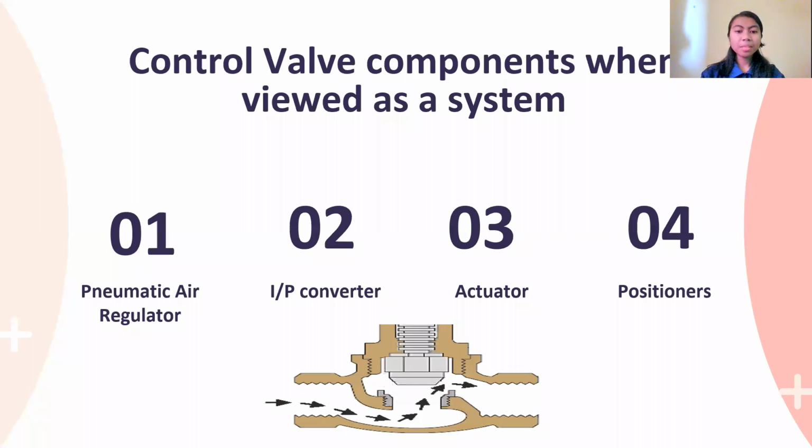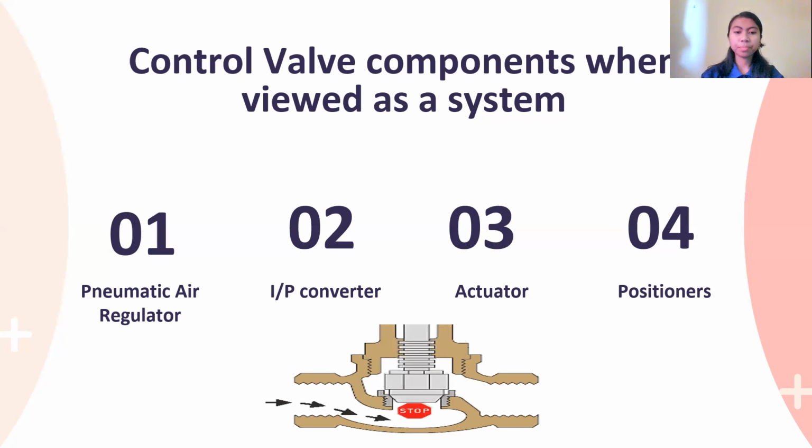Next, let me describe the control valve components when viewed as a system. It consists of: 1. Pneumatic air regulator. Function: to adjust the supply of the pneumatic air to the I/P converter to rise to 15 psi. 2. I/P converter. Function: to convert the electric signal of 4 mA to 20 mA from the controller into a pneumatic signal of 3 psi to 15 psi. 3.